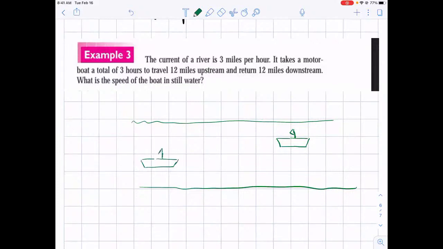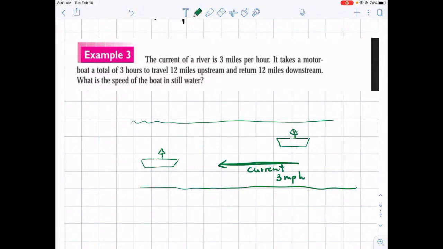I think that's how a boat is drawn. We can put a little sail on it, whatever. But it has engines, so it can't be a sailboat. And the current, the water is moving this way, right? This is our current. So the current of a river is 3 miles per hour. So we know that this is 3 miles per hour.